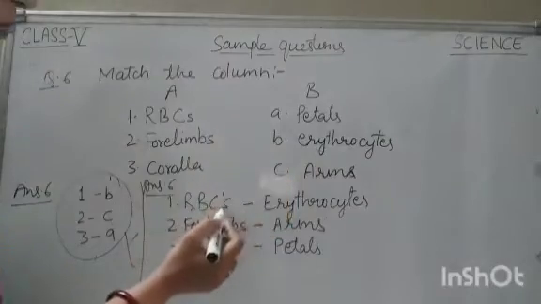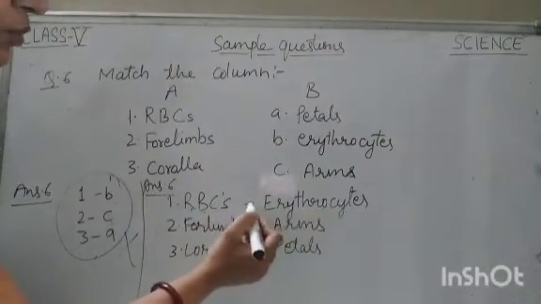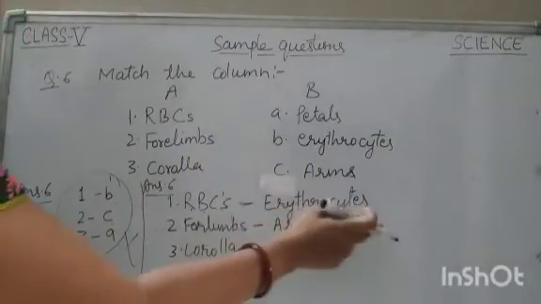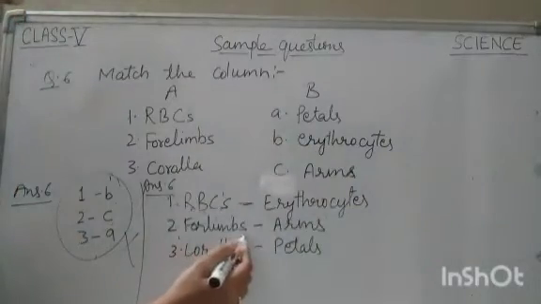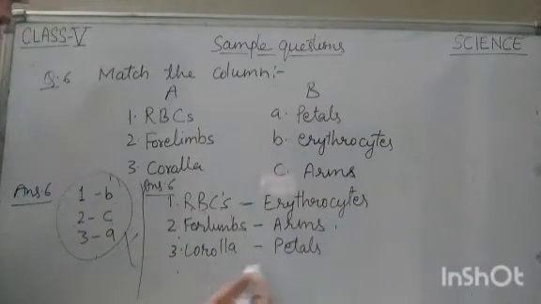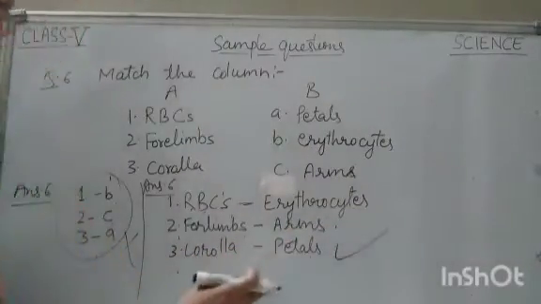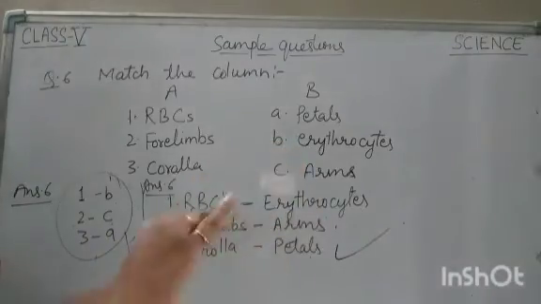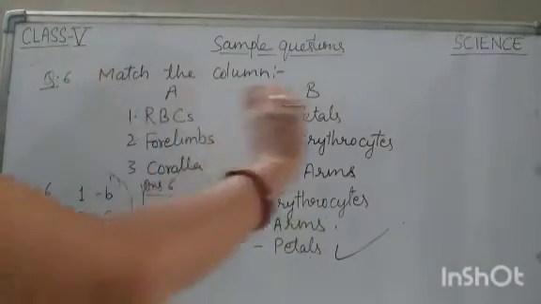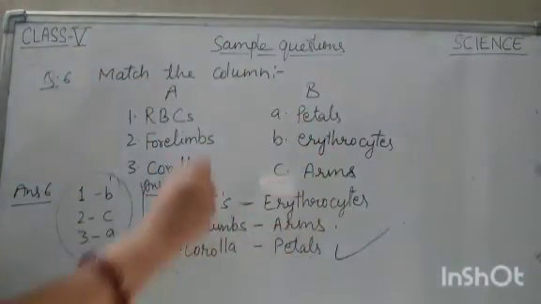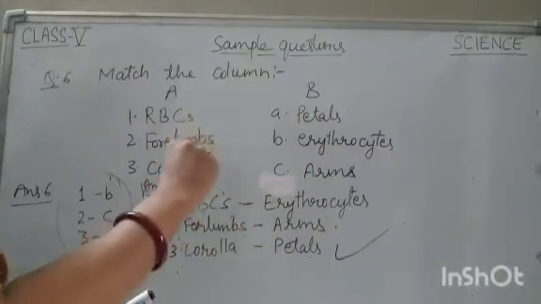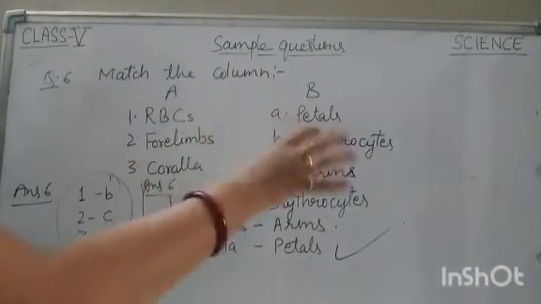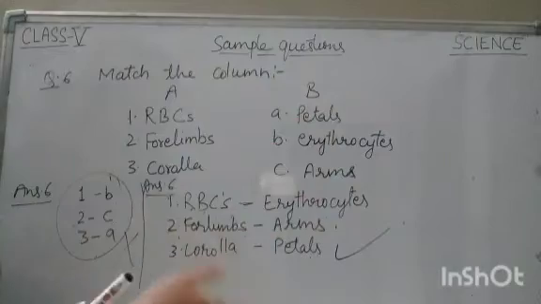Here you will match it with erythrocytes, so you will write erythrocytes in front of it. Then forelimbs, arms, corolla, petals. Like this you will write the answer. In true and false you have to write only the answer. You do not need to write the whole sentence. Just write down the number of that question and write down true or false, whatever it is.